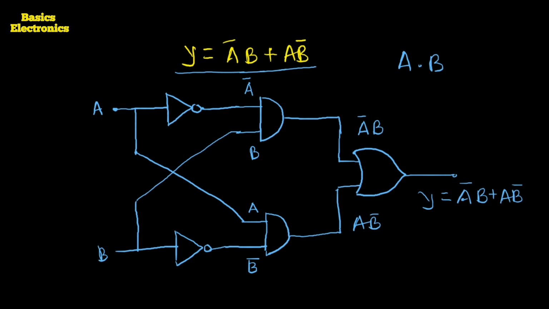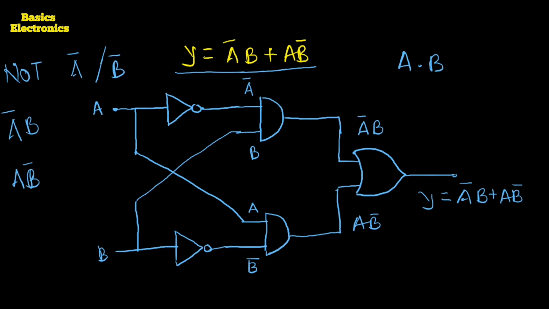In this logical diagram, we use the NOT gate at the input side to obtain A bar and B bar. Then we use the AND gate to obtain A bar B as well as A B bar.